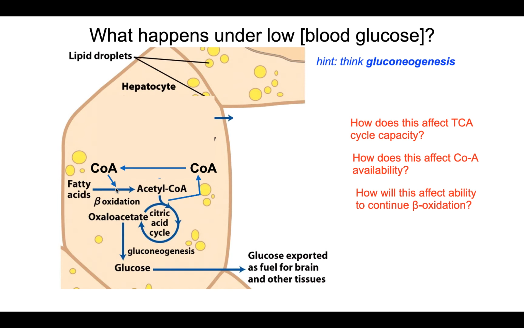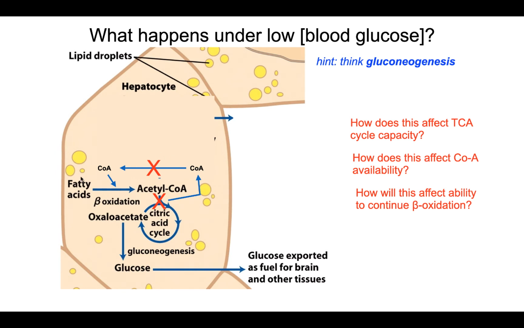And so if we start removing intermediates of the citric acid cycle to make glucose, we are reducing the capacity of the citric acid cycle, and therefore the ability of acetyl-CoA to give up its CoA molecule.